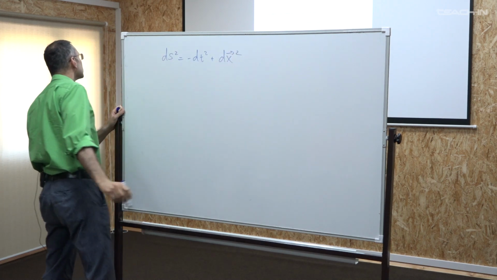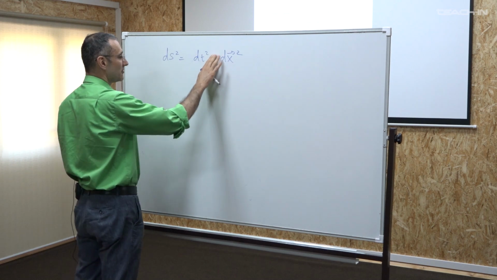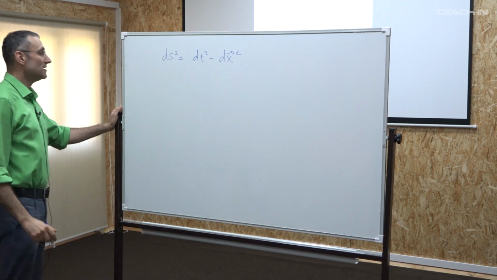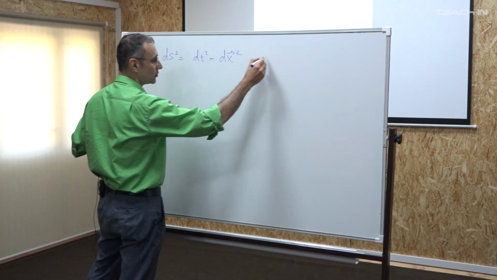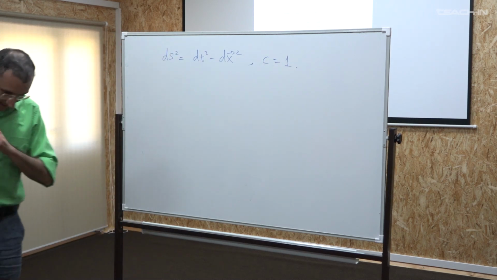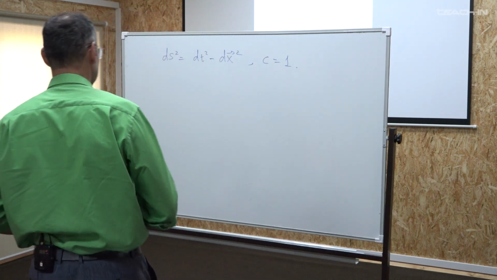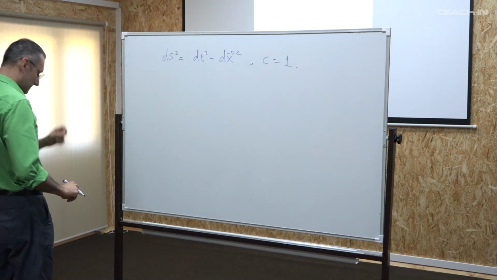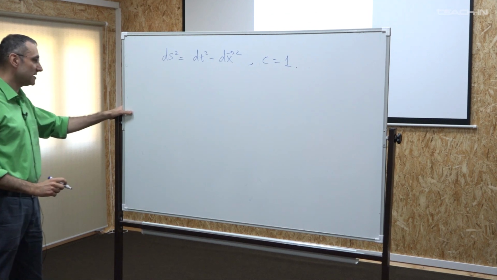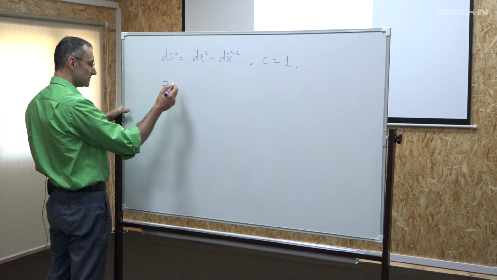I use the signature of Landau-Lifshitz, and I put the speed of light to 1. I want to consider homogeneous accelerative motion in this reference system, which is described by the following world line.